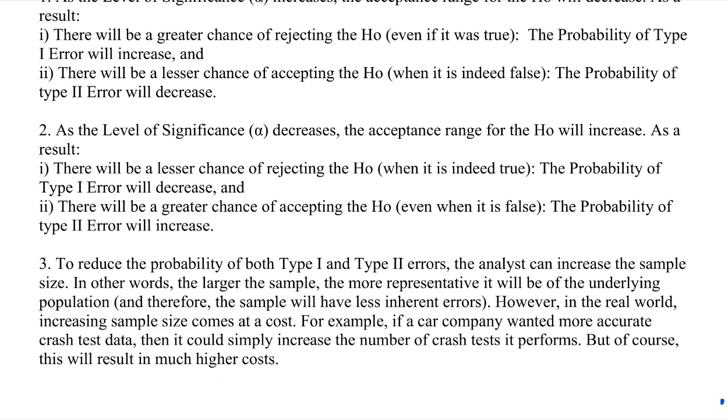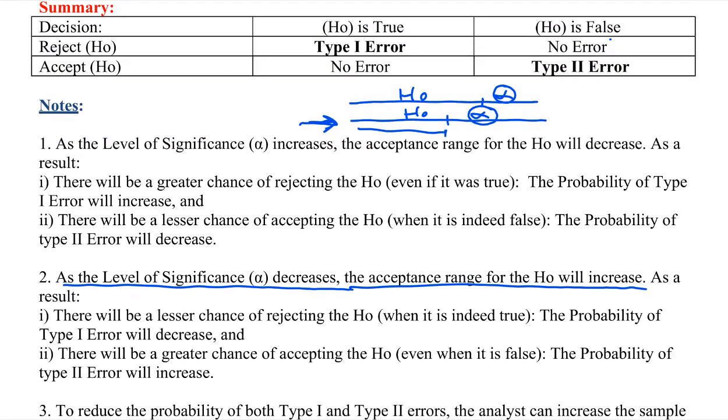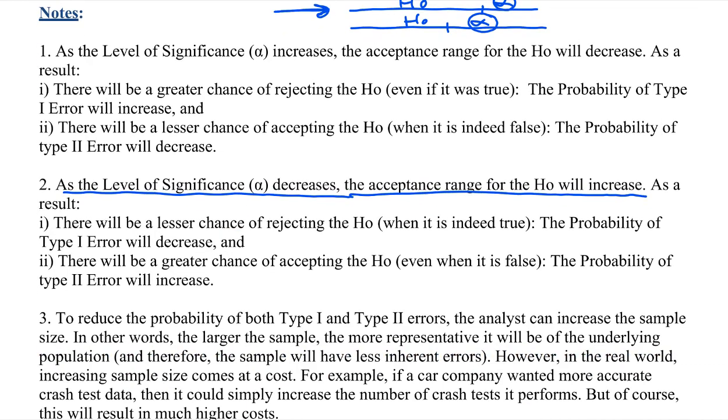Note 2, as the level of significance decreases, the acceptance range for the null will increase. So now it's the opposite, ladies and gentlemen. Just going back to this little framework that I drew, now we're going here. Because you can see in the first scenario, the one that I'm pointing towards, the level of significance is smaller, and therefore the acceptance range for the null is wider, which means, let's see what it means.